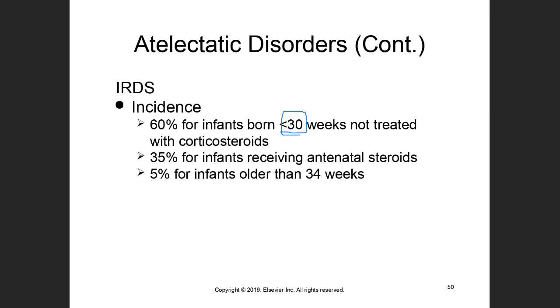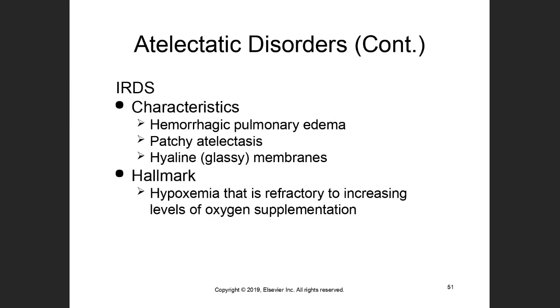Those preemies are the ones that are gonna develop that disease, especially preemies, okay. In term infant, you don't see that condition because that condition is due to lack of surfactant, okay. Characteristic is hemorrhagic pulmonary edema, just atelectasis, that's due to lack of surfactant.